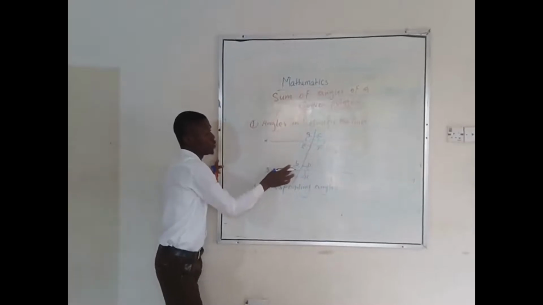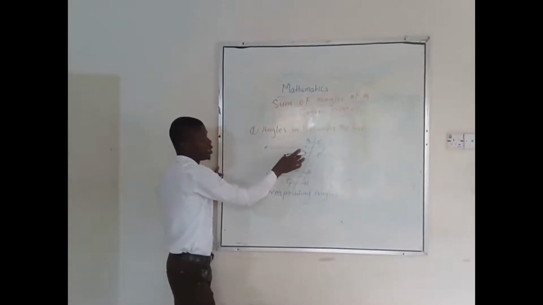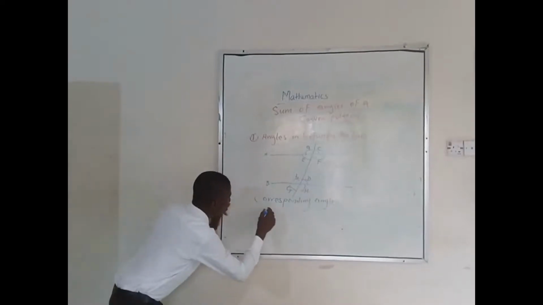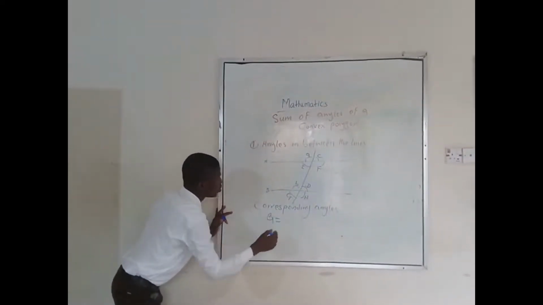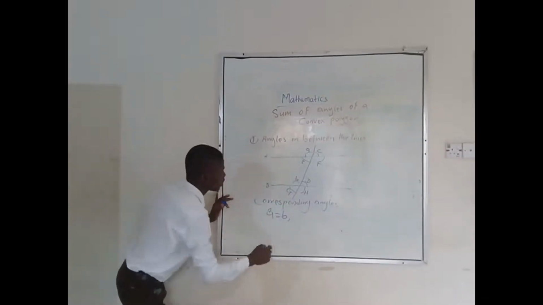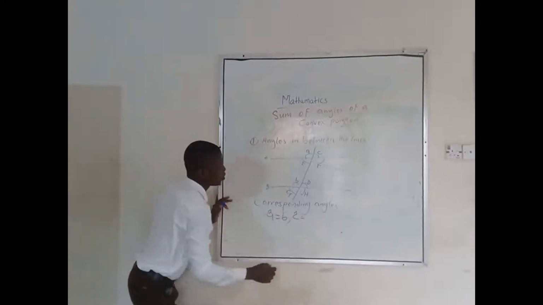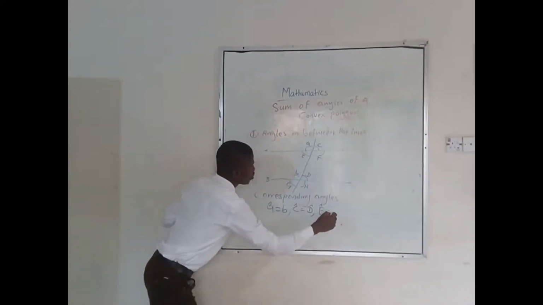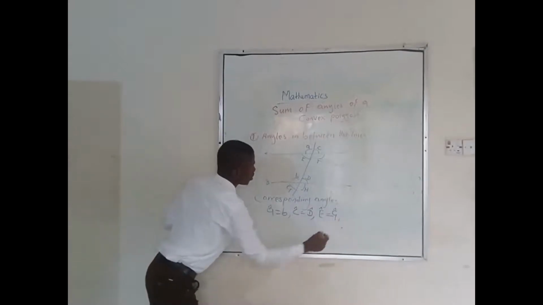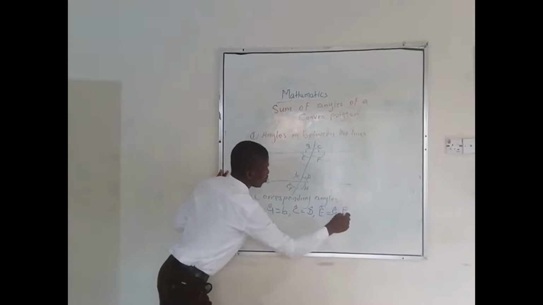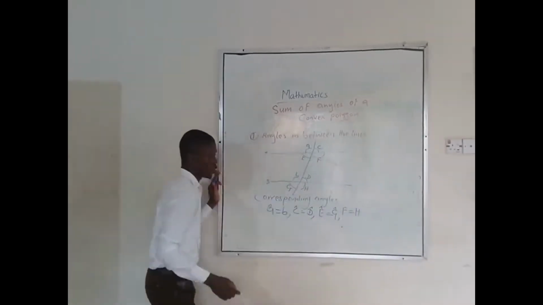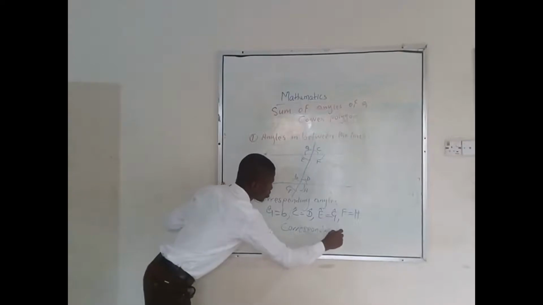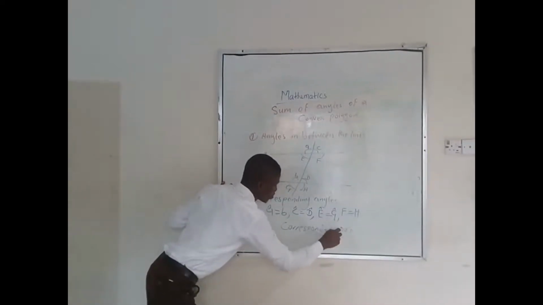So A corresponds to B, C corresponds to D, E corresponds to G, and F corresponds to H. So we can say angle A equals angle B, and angle C equals angle D, and angle E equals angle G, and angle F equals angle H, due to corresponding angles.